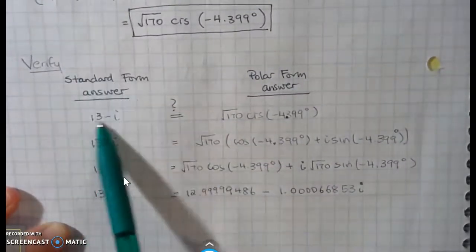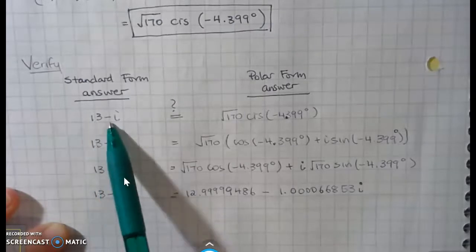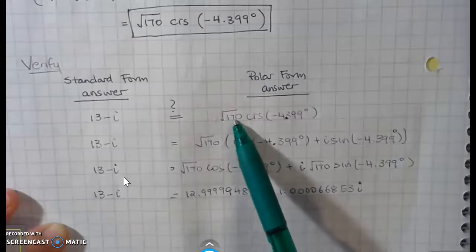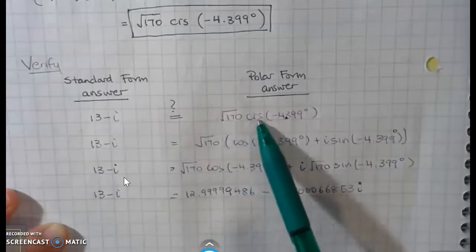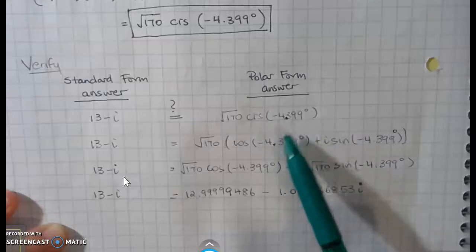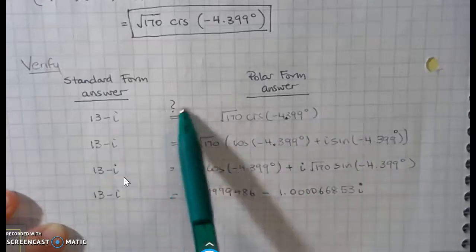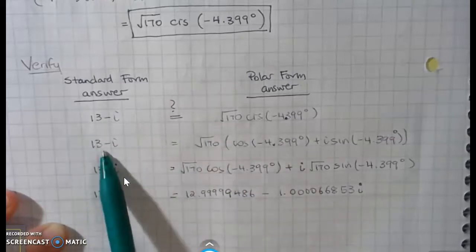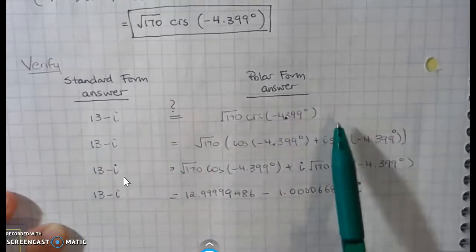The standard form we got as the final answer was 13 minus i. The polar form answer we got was square root of 170 cis negative 4.399 degrees. Okay, so then the question is, are they equivalent? Well, we can't do anything with the left hand side, so let's just simplify the right hand side.